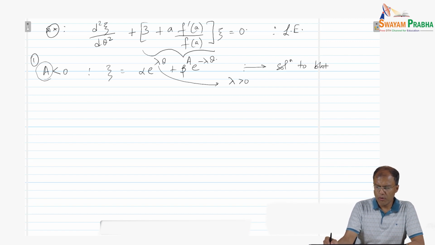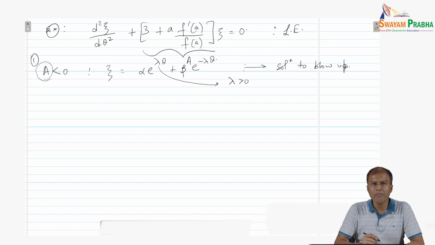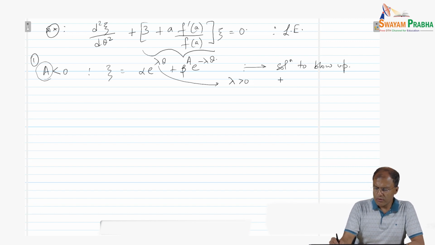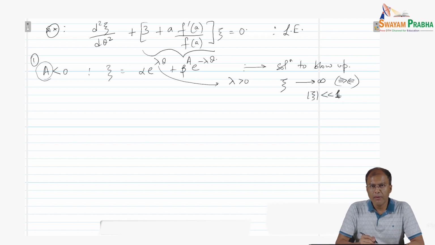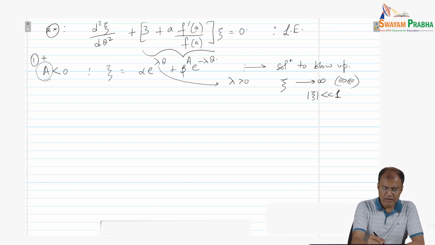What it means is that this perturbation, zeta, is going to go to infinity, and that is a contradiction because we have assumed that zeta is a tiny number, right? It's a perturbative value, and it cannot go to infinity. So we are going to reject this case.